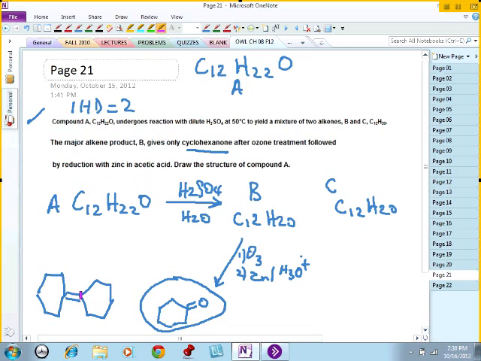So the question now is, where is the OH group in compound A for this molecule? If we are going to dehydrate A to get B, where would the OH be? Keep in mind that it's from two alkenes, B and C.